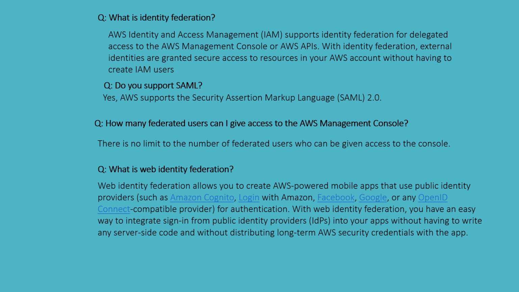Do you support SAML? Yes, AWS supports Security Assertion Markup Language, SAML 2.0. How many federated users can access the AWS Management Console? There is no limit to the number of federated users who can access the console.